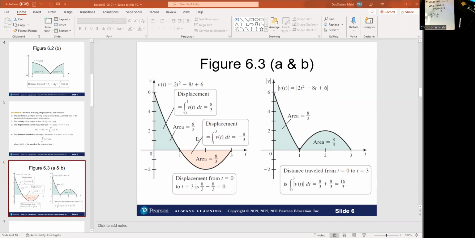All right. So now that we've determined when we're moving positive and when we're moving negative, the next question would be, what's the displacement here? Well, the displacement is the integral of the velocity function. Let's do it in pieces.